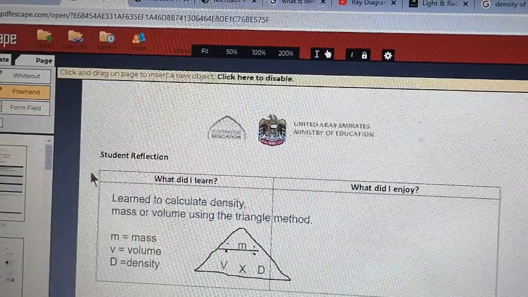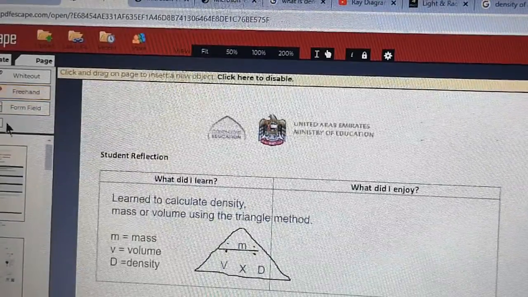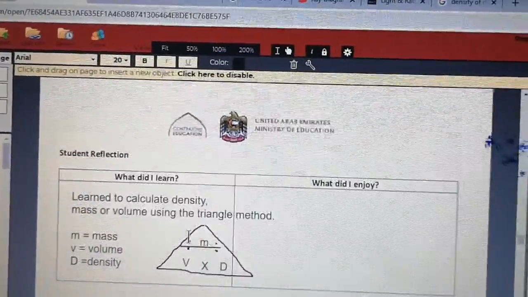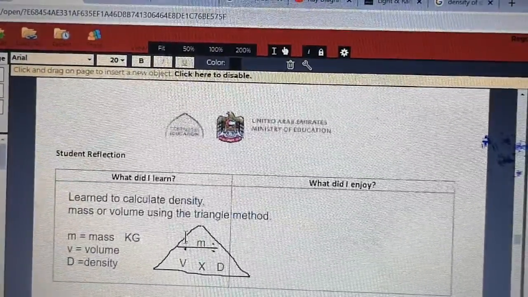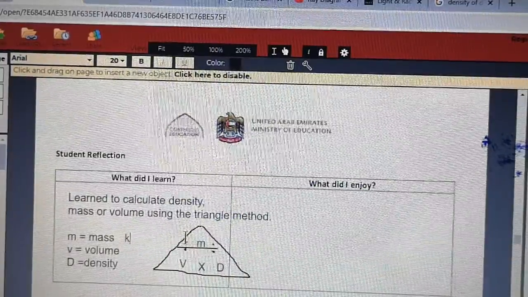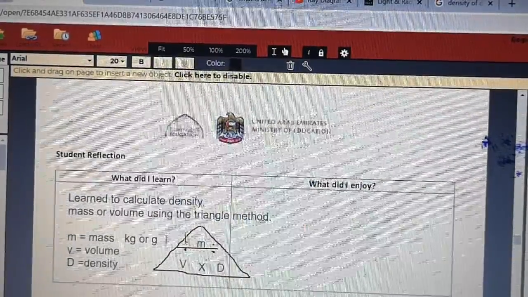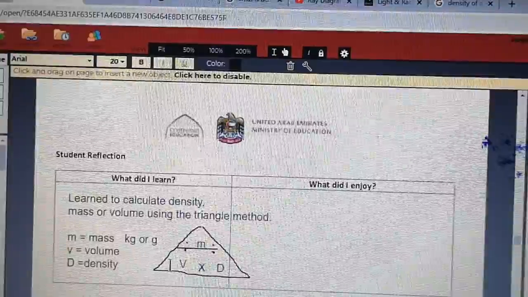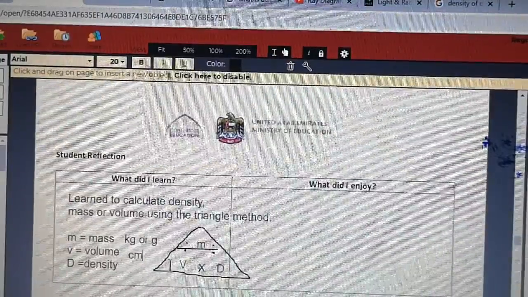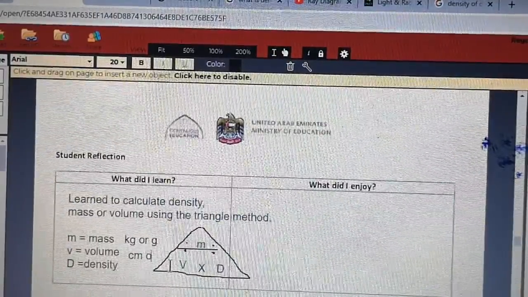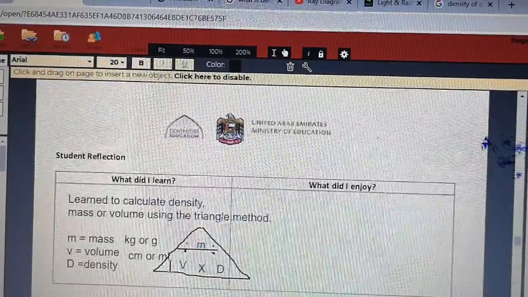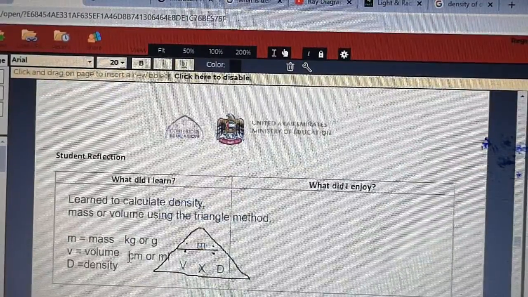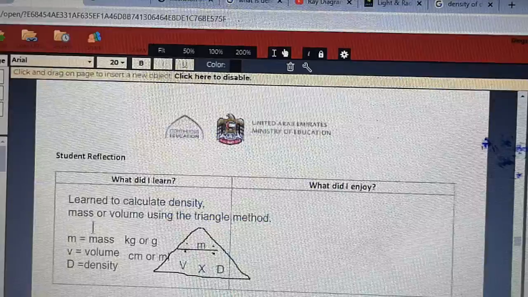The units are important too, so we should probably just summarize that as well. Mass, we're going to have either kilograms or grams. The volume is either centimeters cubed or milliliters. Sometimes we can have liters as well.